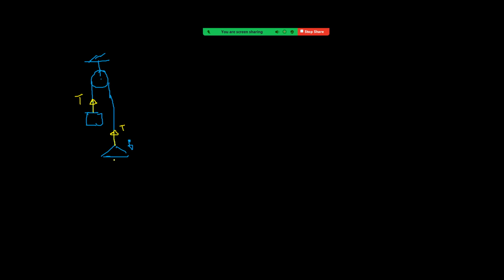But the moment it strikes the pan, during that small time interval, this tension becomes very large. That means now tension is the impulsive force. That's why we neglect the gravitational force mg, right?